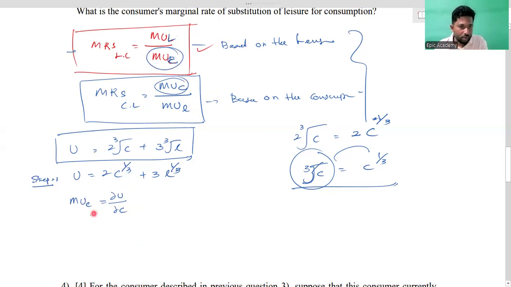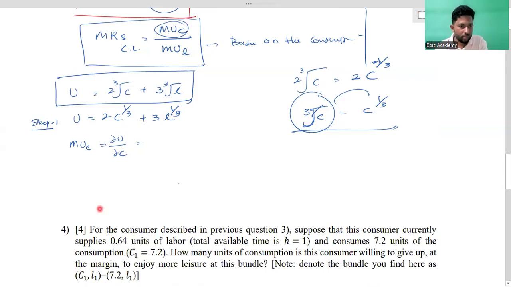Right? Okay. Then MUC is equal to this equation, right.